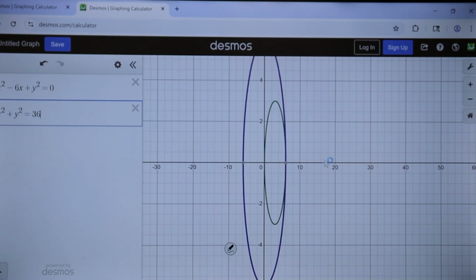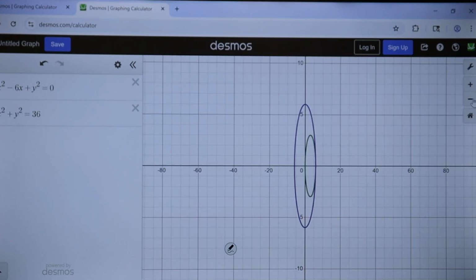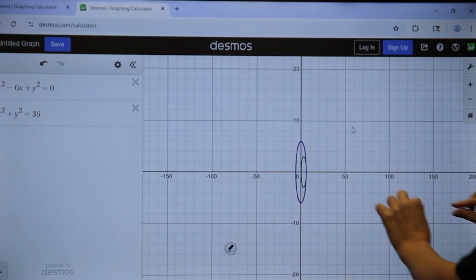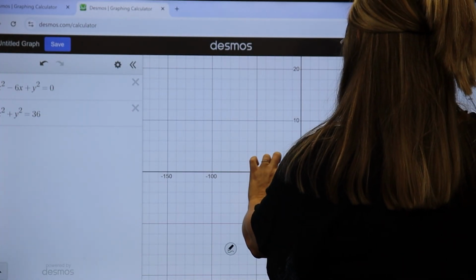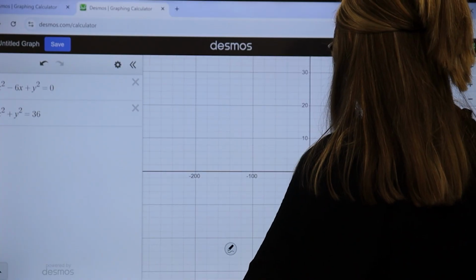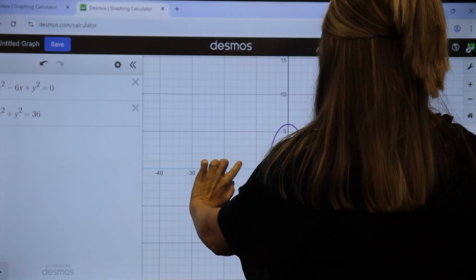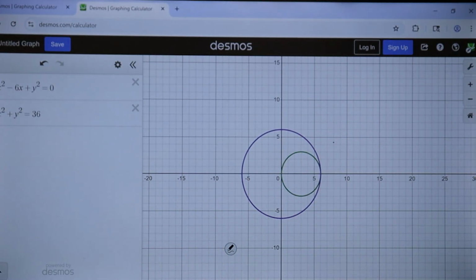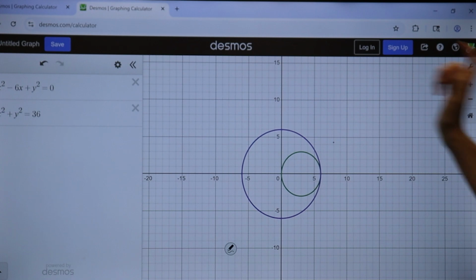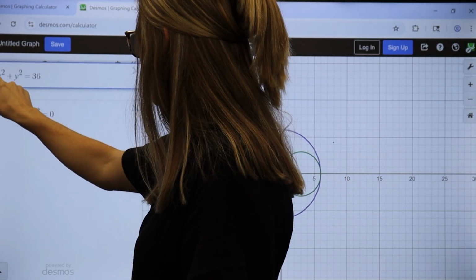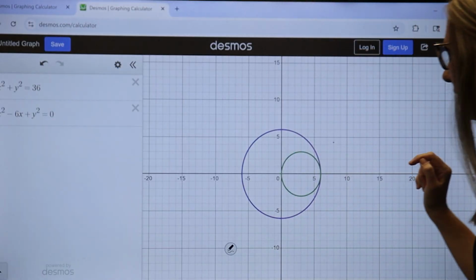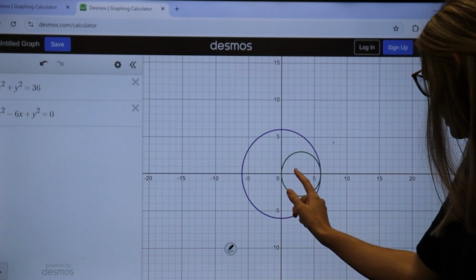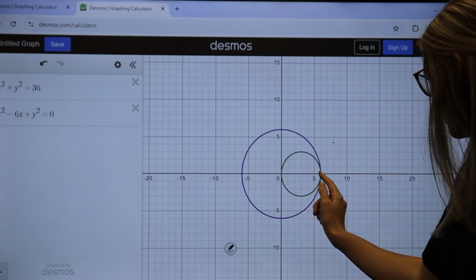Okay, now let's see. There we are. Okay, so to graph, I have them backwards. Can I swap them just for my sake? Okay. We need our center of this circle, which is going to be, we have 1, 2, 3, 4, 5, 6.